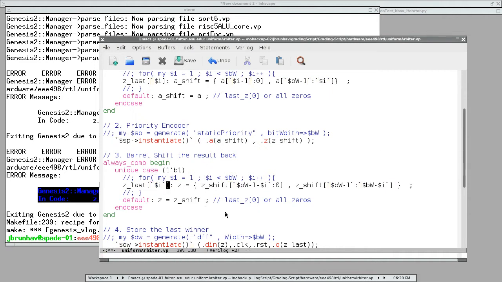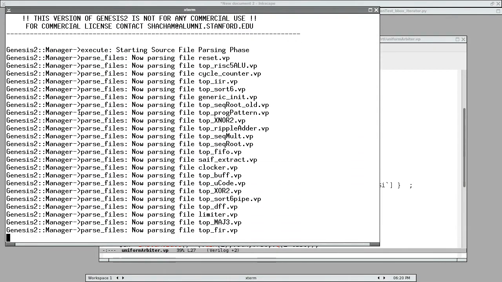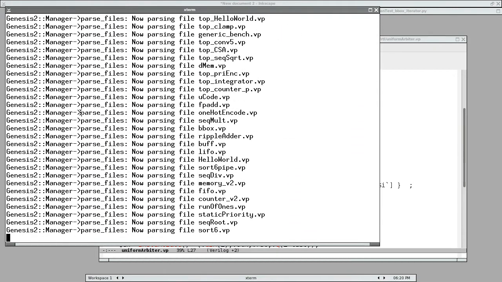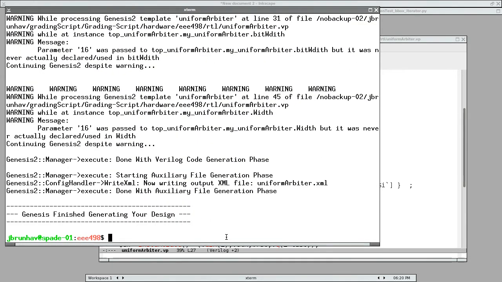There we go. And I made the same mistake up there. So that's the problem with copy paste, is that you end up copy and pasting all of your sins. All right. So we're running the generator.